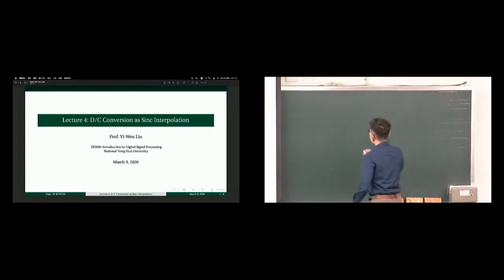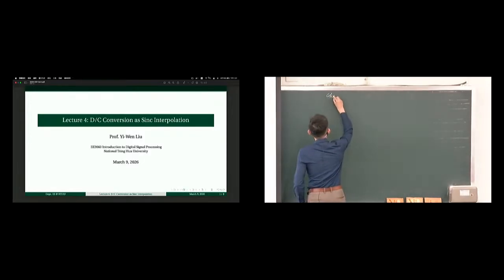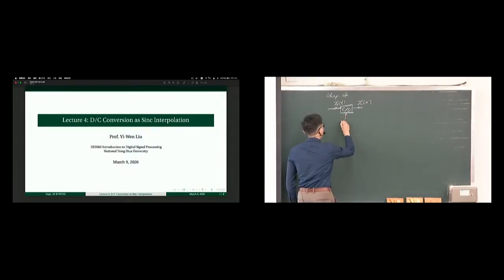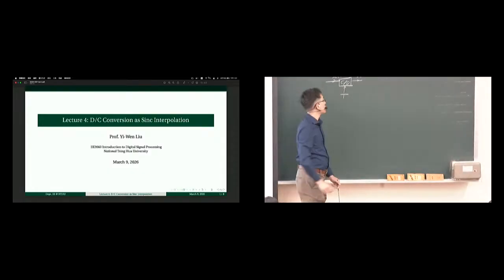So in chapter 4, in the end, you learn that we can start with a continuous time signal and put it into a C to D converter. Conceptually, the result is going to be a sequence of numbers, which show up at every integer multiple of sampling period T, right?